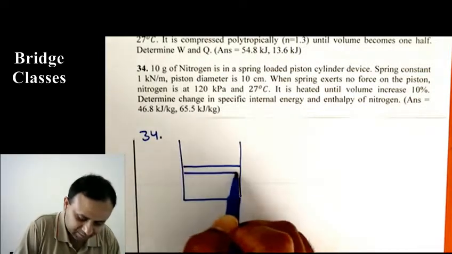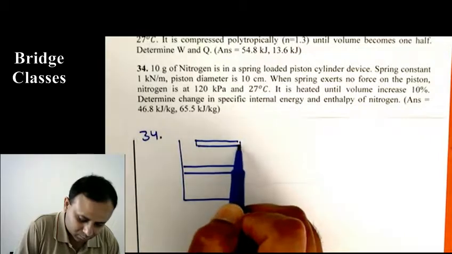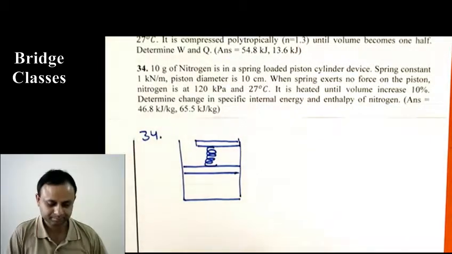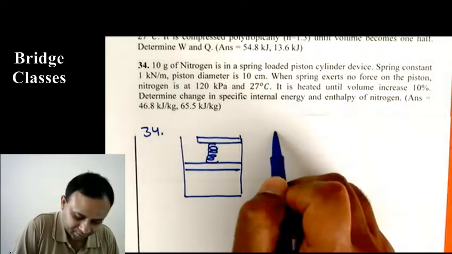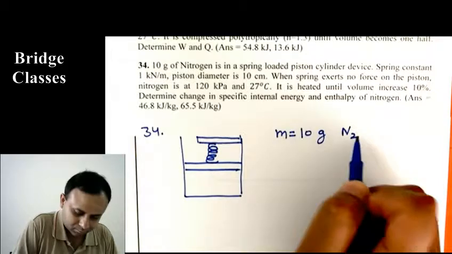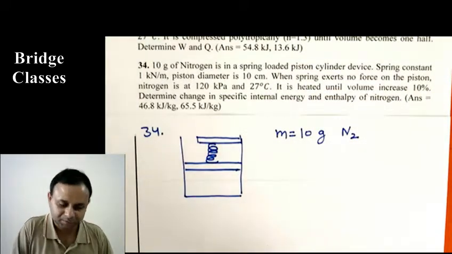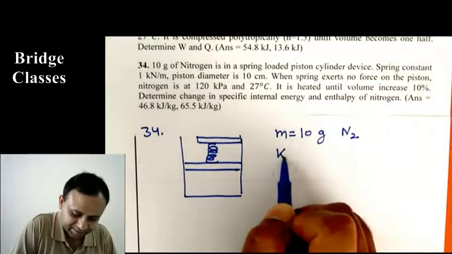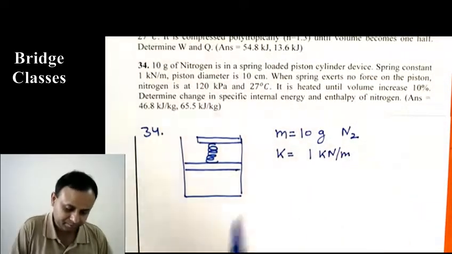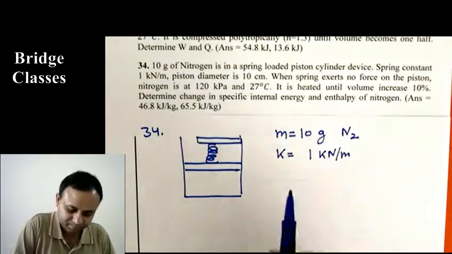It's a piston cylinder device, and there is a spring here. And you have 10 gram of nitrogen. Spring constant is 1 kilonewton per meter, so we indicate that as k is 1 kilonewton per meter. And the piston diameter is 10 centimeter.